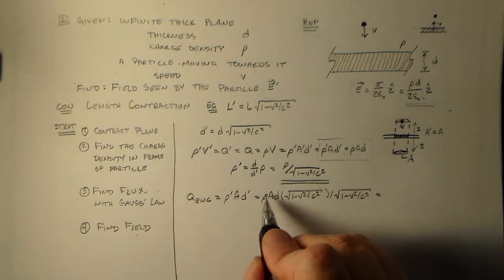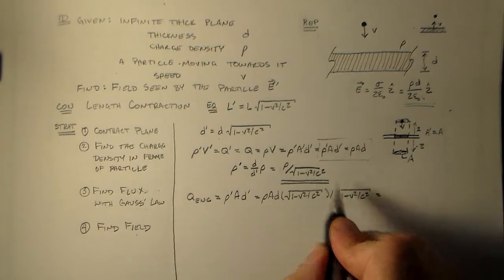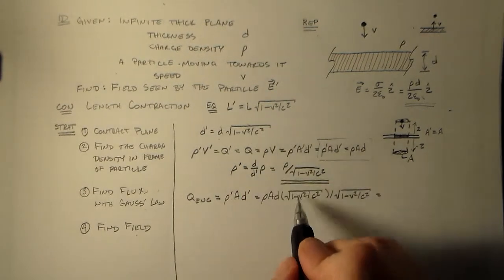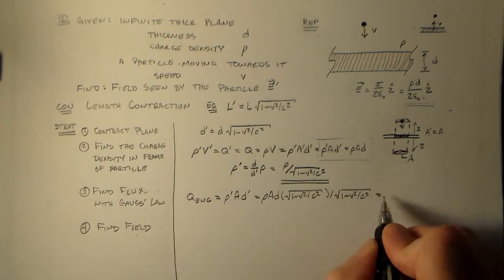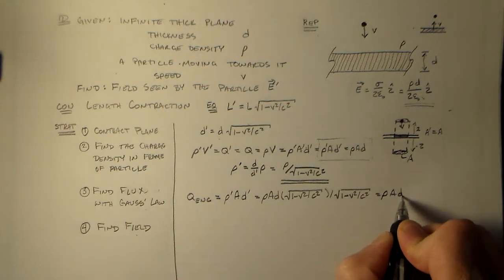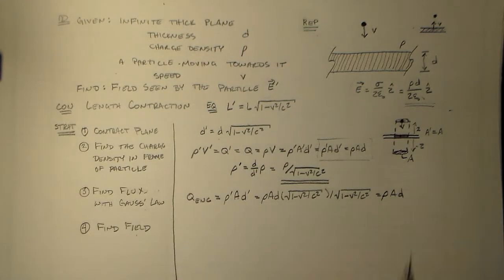Because from rho prime we get this one, and from D prime we get this one. So that's just rho AD, which is just our original charge Q. Okay, we're okay with that.